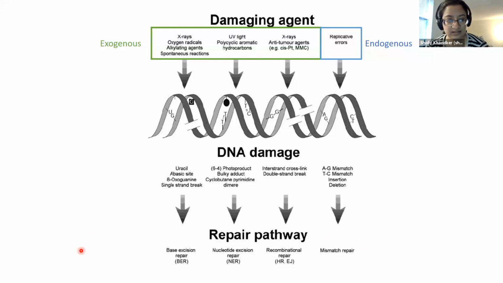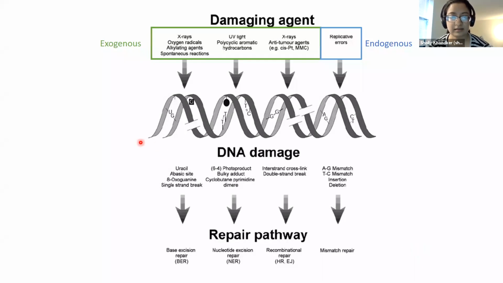So these cause specific types of DNA damage. For instance, X-rays, reactive oxidating species, and alkylating agents can result in alterations to the nitrogenous bases.